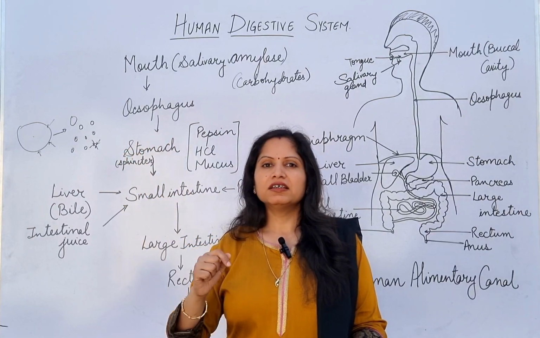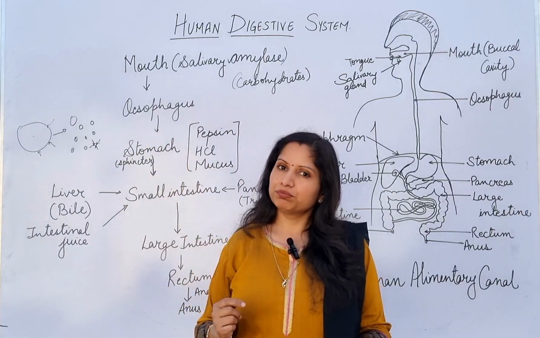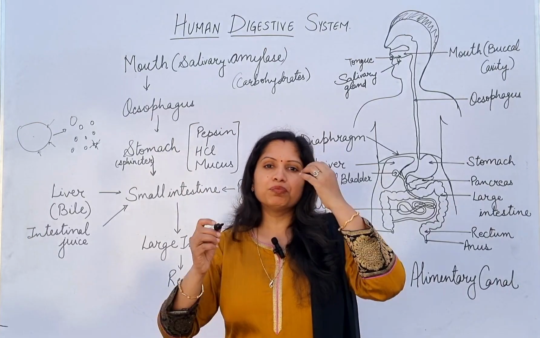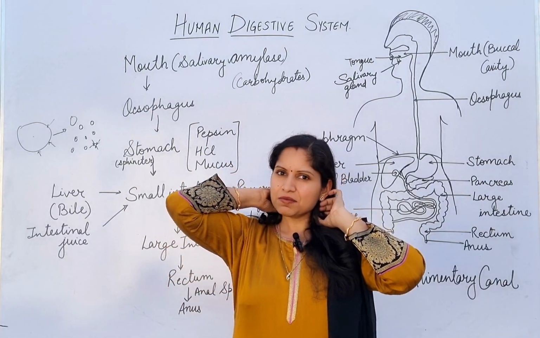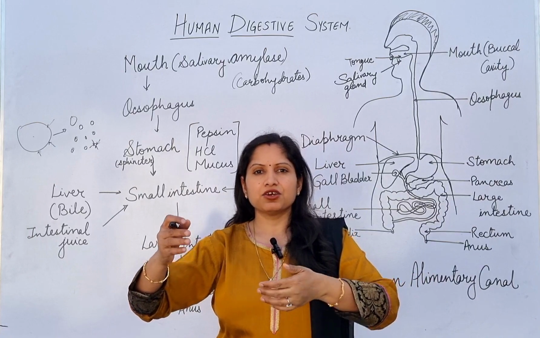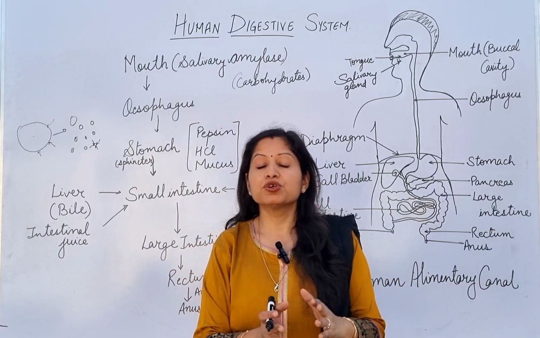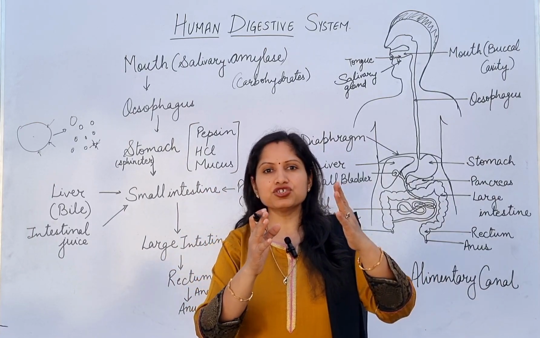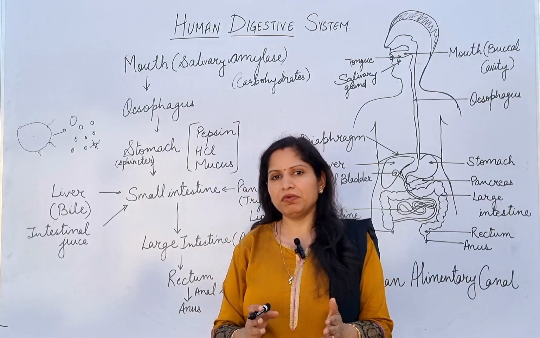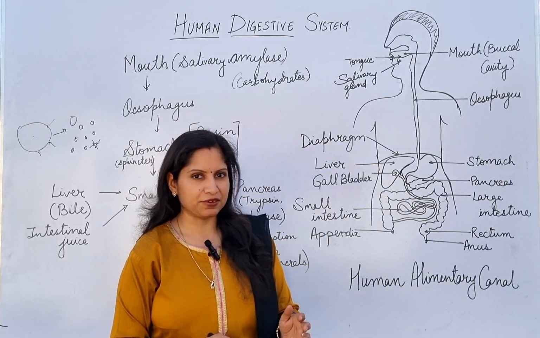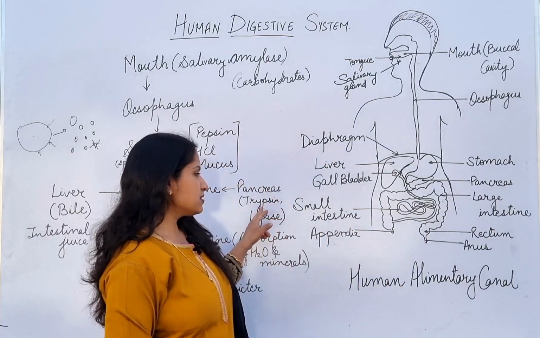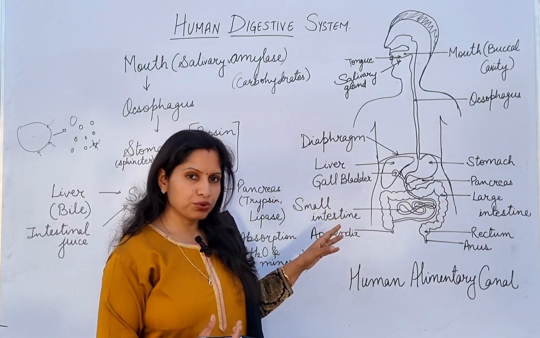Yes, pepsin and trypsin are both meant for the digestion of proteins. But in the stomach, the protein digestion starts, but it's not yet completed. So the complete digestion of proteins will take place in the small intestine.